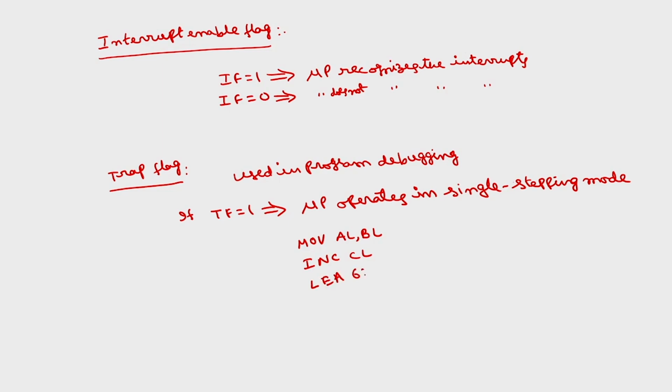If I set the trap flag to 1, first it will execute the first instruction. After this instruction, the microprocessor will be disturbed, interrupted. After execution of each instruction, the microprocessor is interrupted.